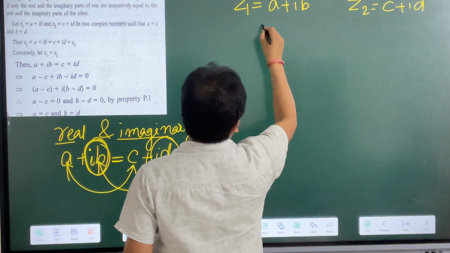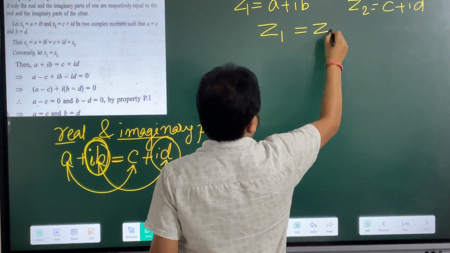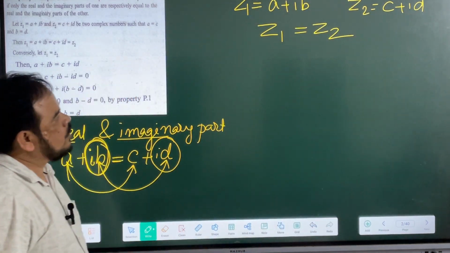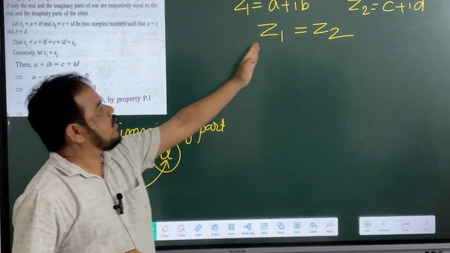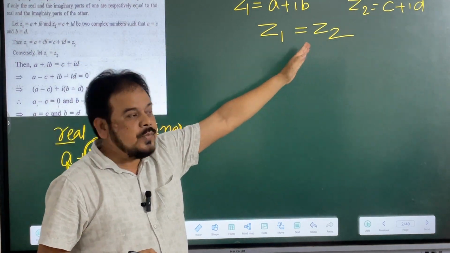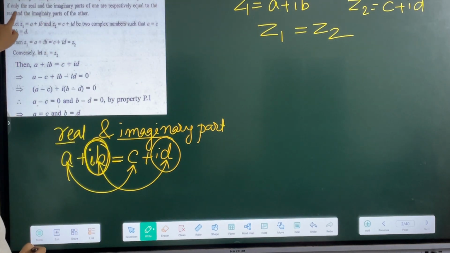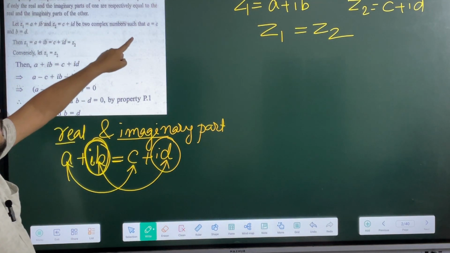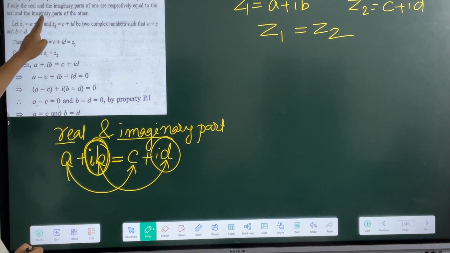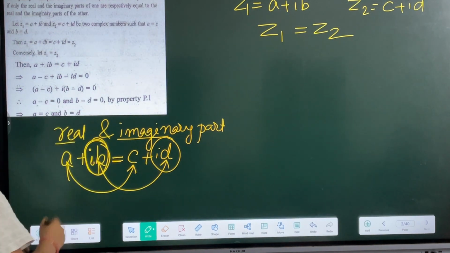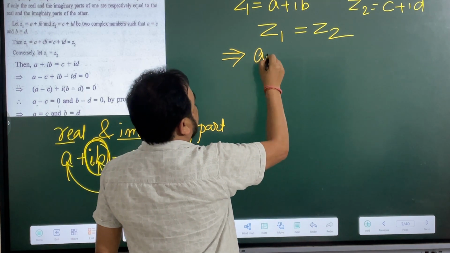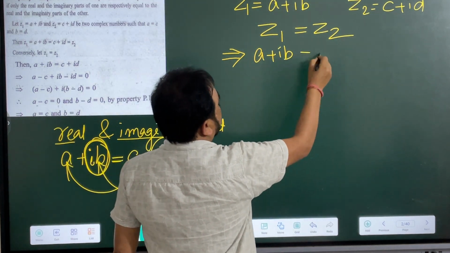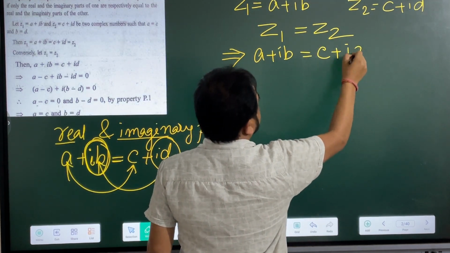According to the condition, z1 will be equal to z2. Two complex numbers are equal, so I have written z1 equals z2, if and only if the real and imaginary parts are respectively equal to the real and imaginary parts of the other. So z1 means a plus ib equals z2, which is c plus id.